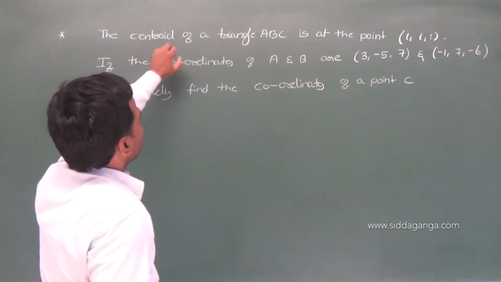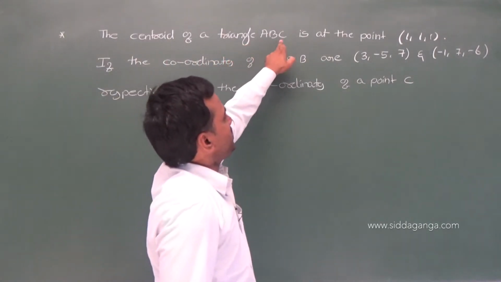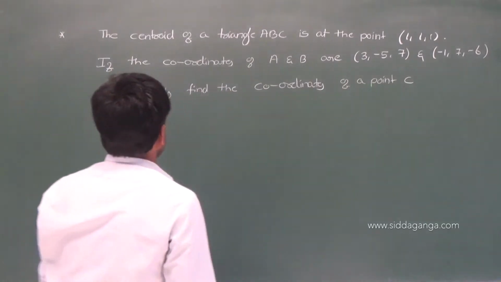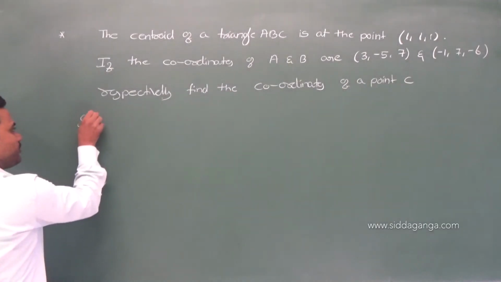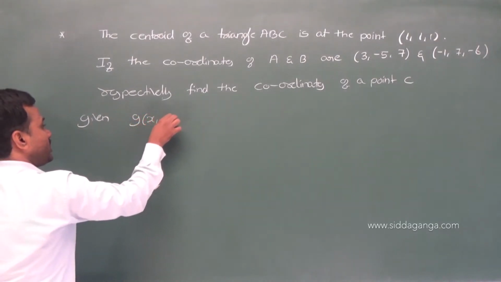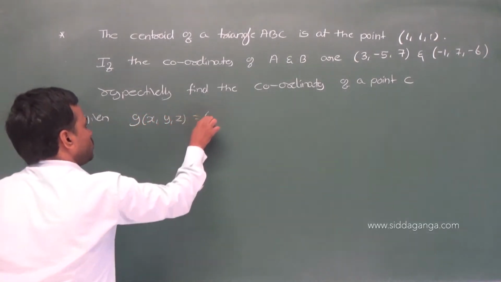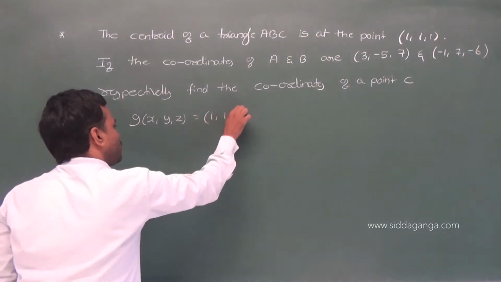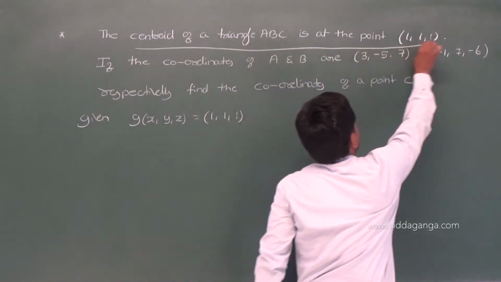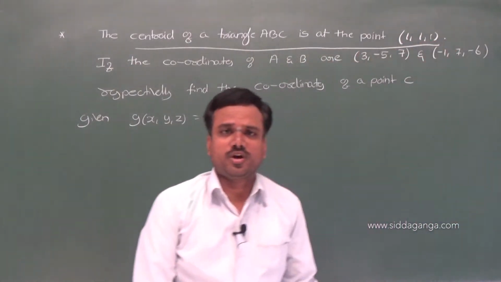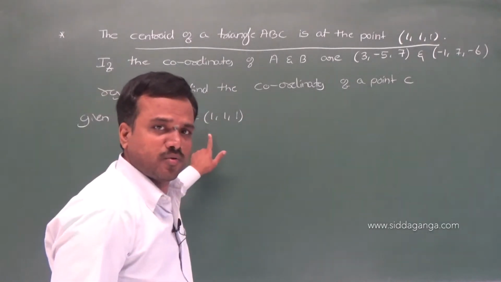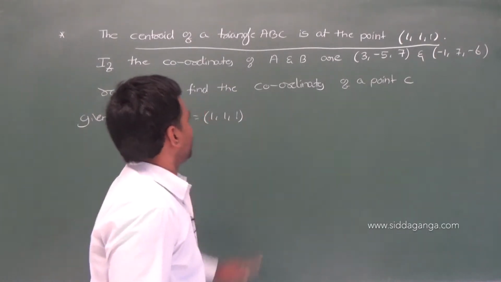The centroid of a triangle ABC is at the point 1, 1, 1. Correct? That means given G of x, y, z is equal to 1, 1, 1. The centroid of triangle ABC is 1, 1, 1.